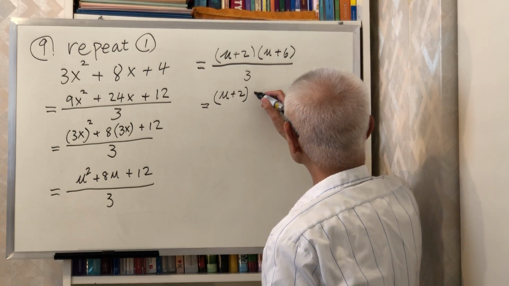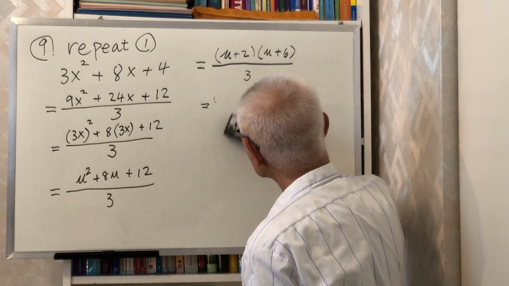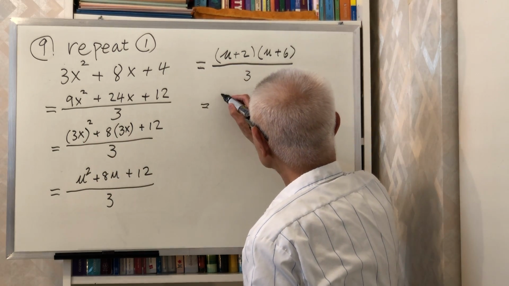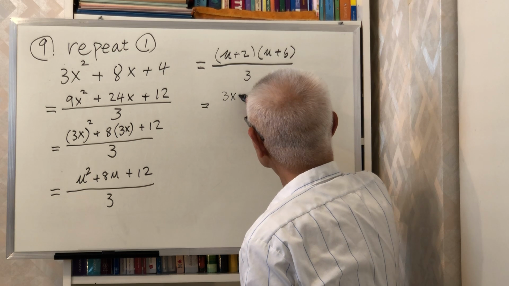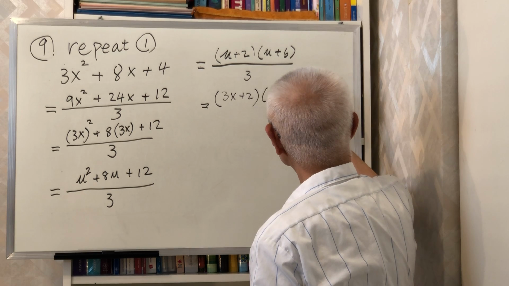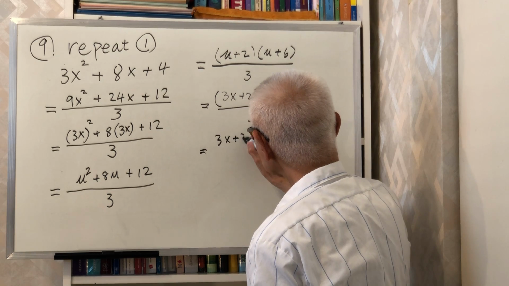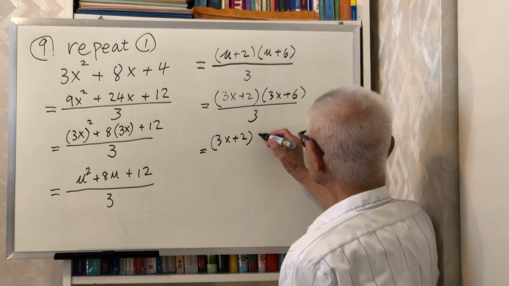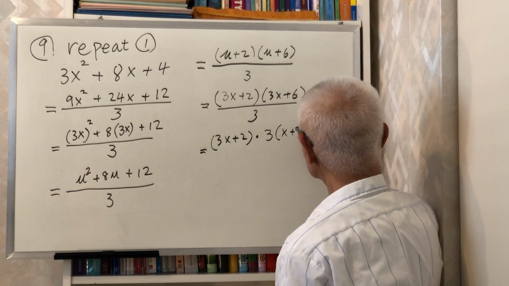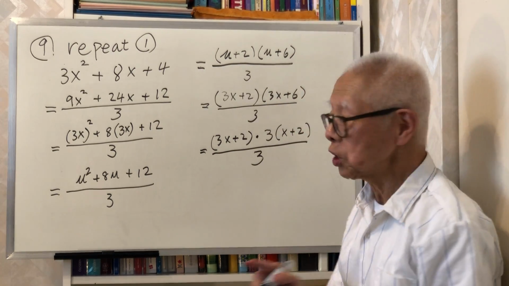I can factor out, oh no, not factor out. I put back u is 3x. u is 3x, so I replace u by 3x. 3x plus 2. Factor out the 3.